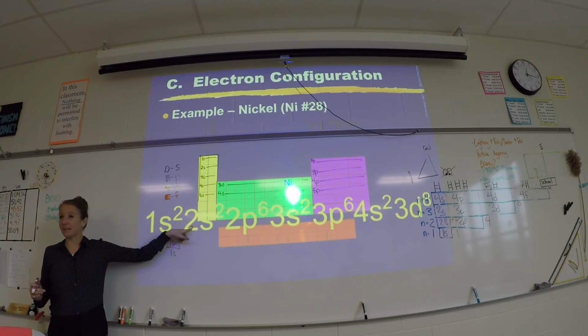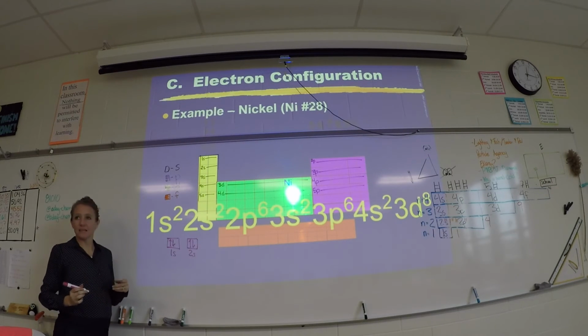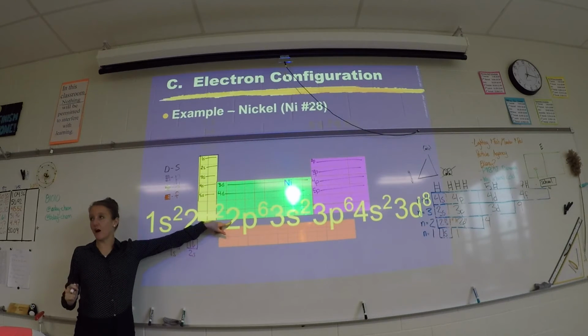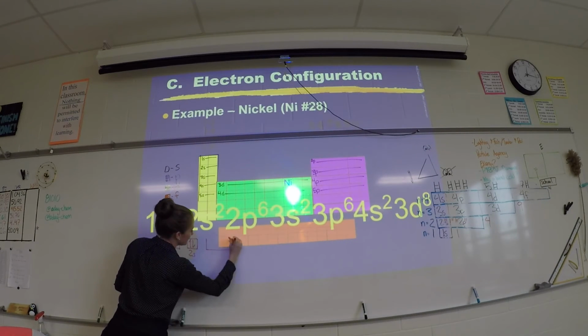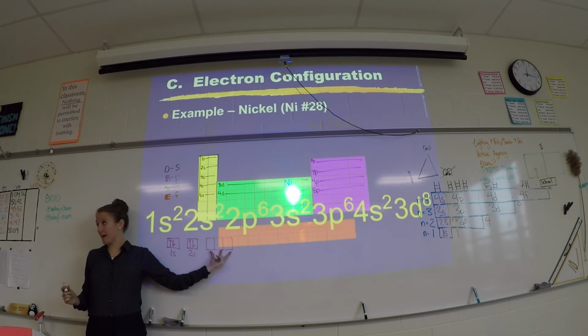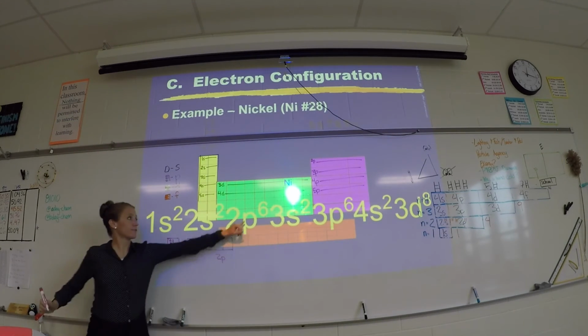All right, 2s, do I connect it or make it separate? Separate, so draw a separate 2s box. One up, one down. For the 2p, what do I need to draw? 3 connected boxes, because there's 3 orbitals, 3 bunk beds, but they're all in the same room for the 6 electrons.